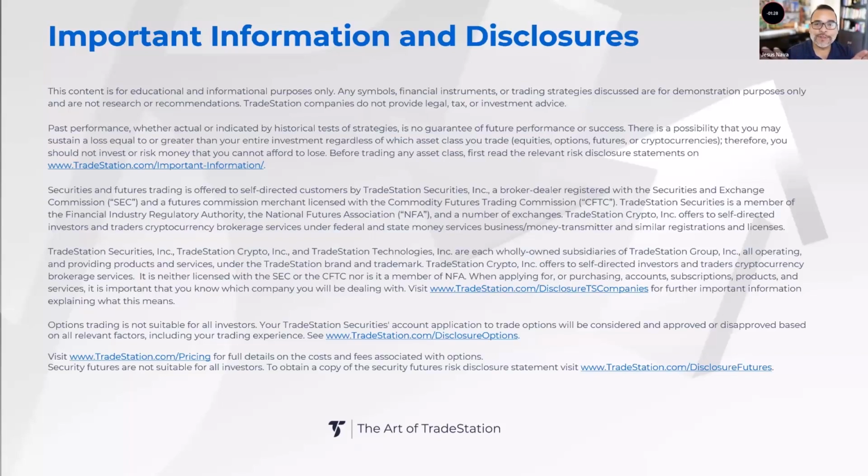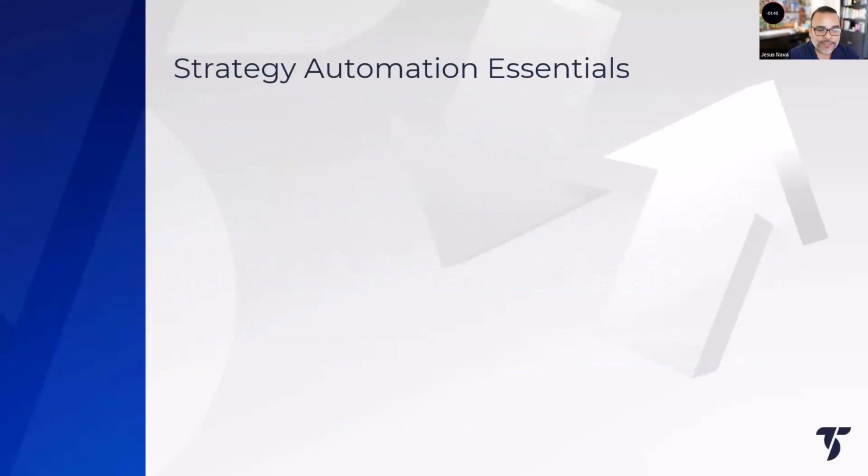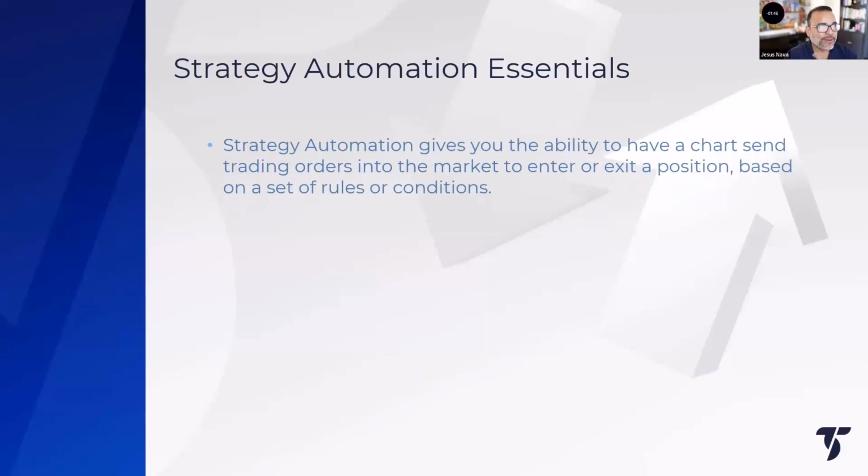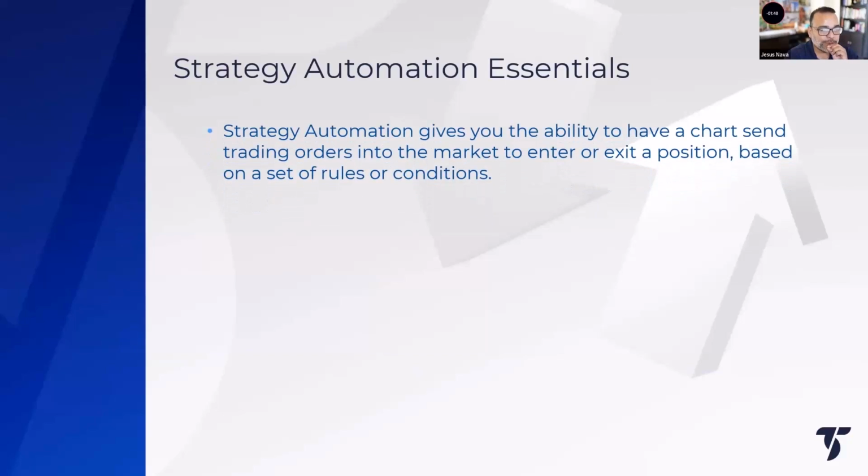Let's go through some of the elements of strategy automation, specifically in the area of automating the exit of a manually entered position. Some of the things that everyone needs to be aware of when automating strategies to exit an already existing position are, first of all, strategy automation will give us the ability to have a chart send trading orders into the market to enter or exit a position based on a set of rules or conditions.